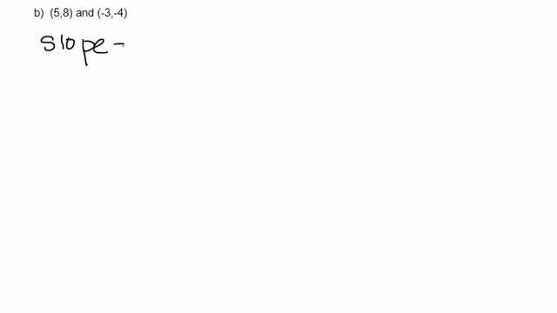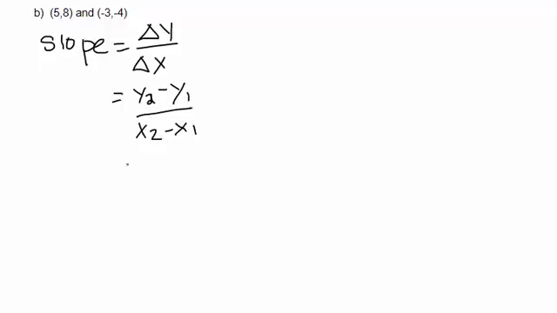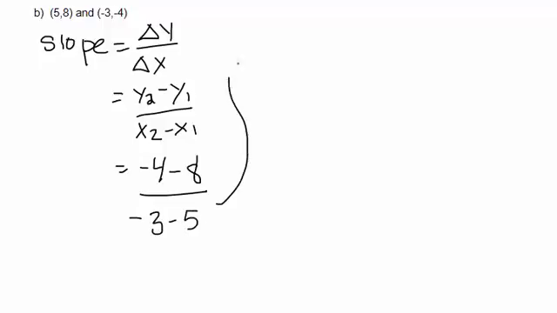So it is equal to delta y over delta x, which is equal to y2 minus y1 over x2 minus x1. y2 is negative 4, y1 is 8, x2 is negative 3, x1 is 5. Negative 4 minus 8 is negative 12, negative 3 minus 5 is negative 8.